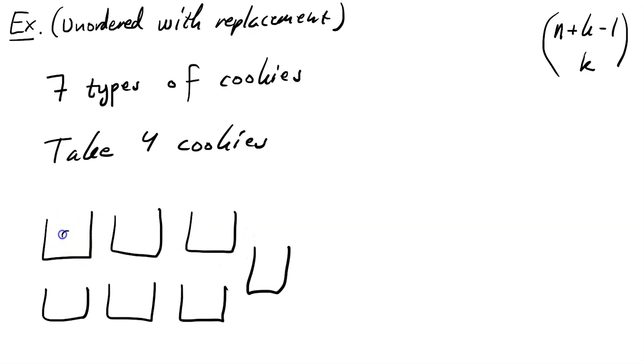Okay, so first I pick this one maybe, and then I pick this again, and then I pick that one, and then I pick this one. So you take 2 cookies from that one, 1 from that, and 1 from that. And replacement here means that you can take from the same box several times. So instead of taking from a box, you could think of here that you have an urn with balls.